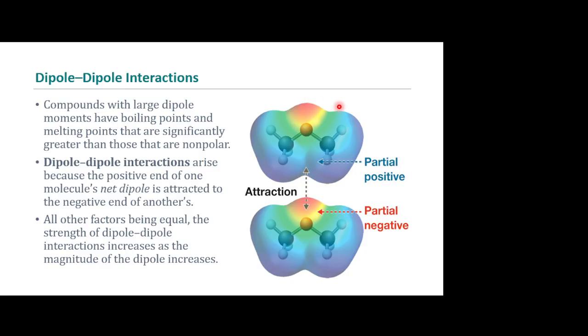Like you have your Legos and they have the magnet pieces and they all get clumped together. Okay, and that's your dipole-dipole interactions. All other factors being equal, the strength of your dipole-dipole interactions will increase as the magnitude of your dipole increases. Okay, so the larger that magnitude of dipole, the stronger the magnets, the stronger these attractions will be.